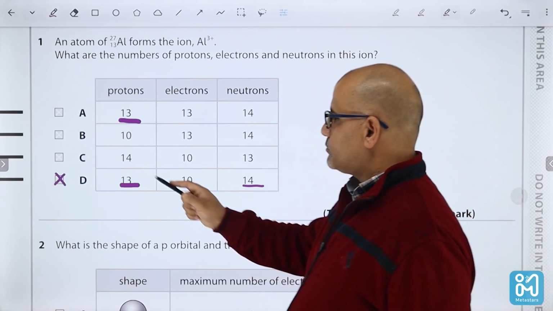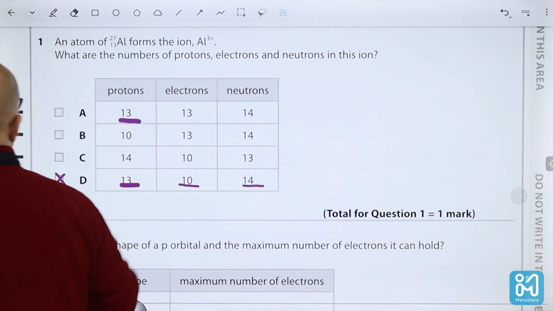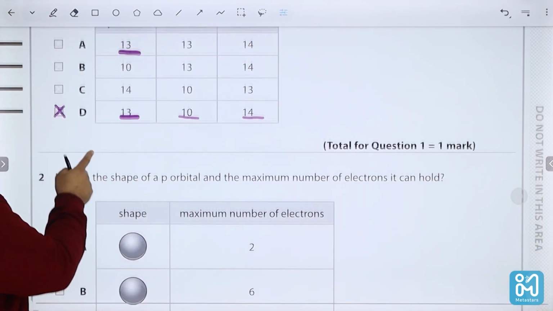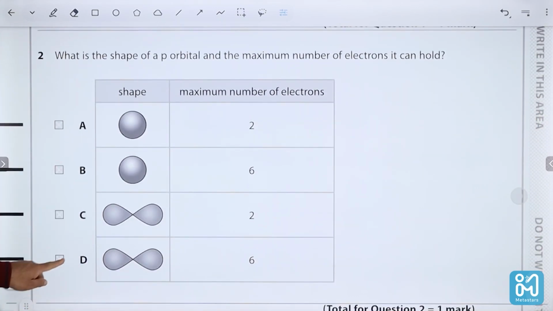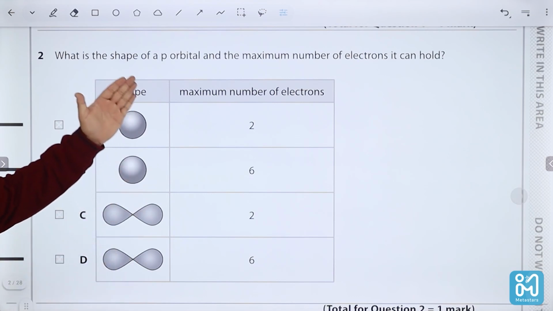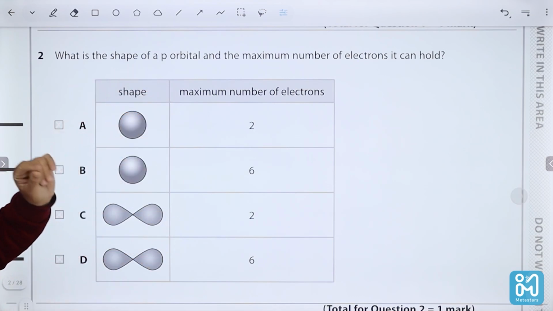Now, for the next question: what is the shape of a p orbital and the maximum number of electrons it can hold?